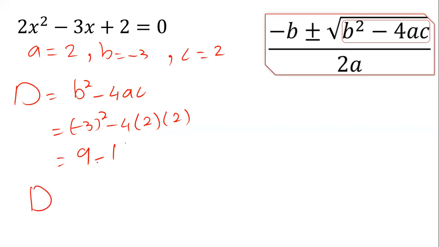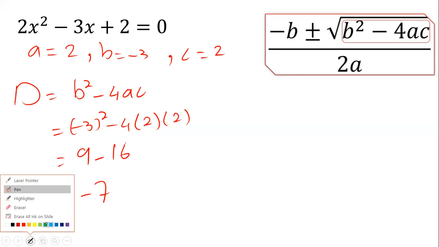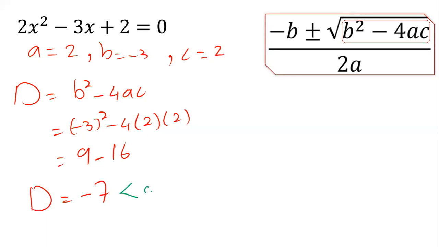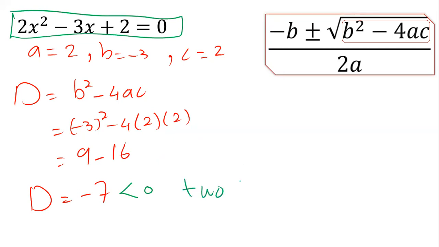Then the discriminant is equal to -7. In this case, the discriminant is less than 0. So this quadratic equation has 2 non-real solutions.